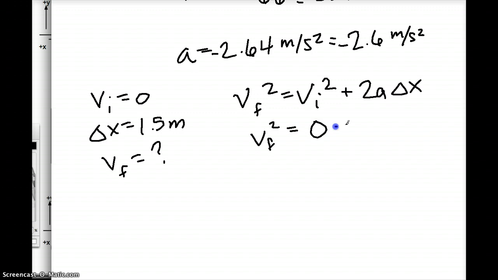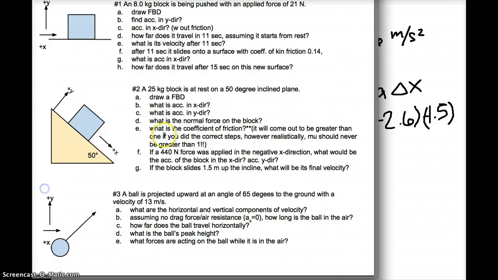It starts from rest. It has an acceleration of negative 2.6, and it's moved 1.5 meters in the negative direction. So this problem says it moves 1.5 meters up the incline. So its displacement is in the negative direction.